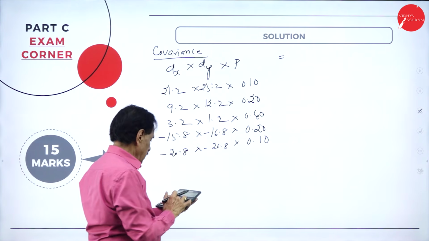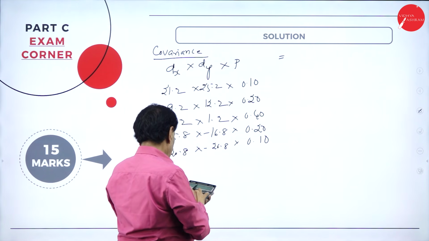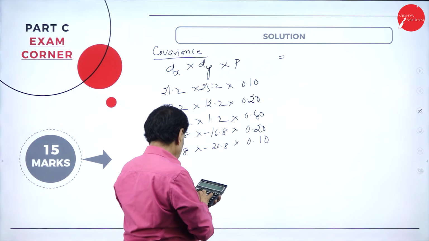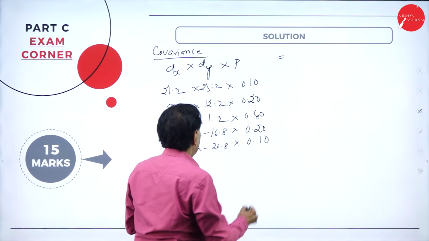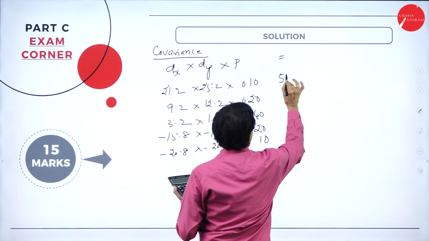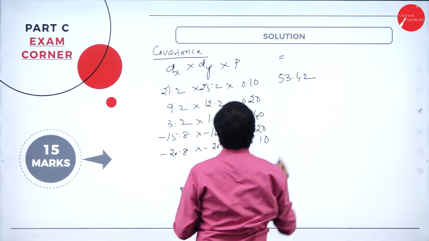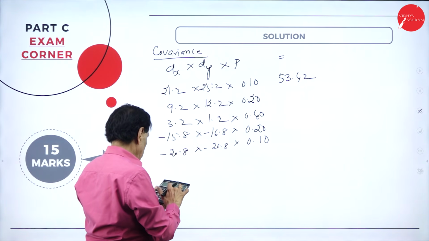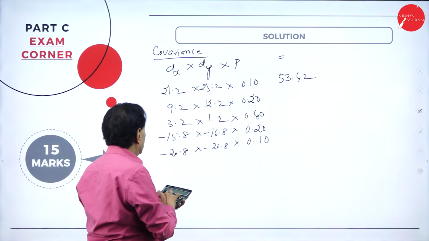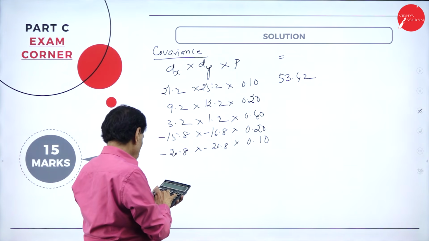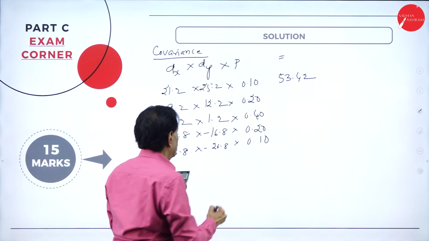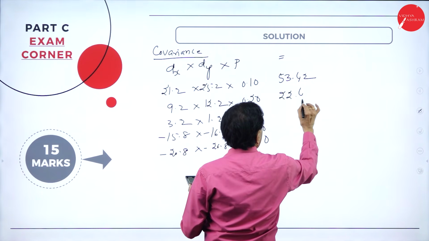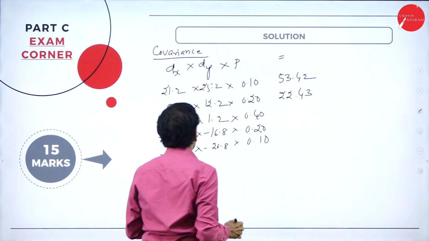So here the answer is 21.2 into 25.2 into 0.10, 53.42. Next one, 9.2 into 12.2 into 0.20, 22.44.